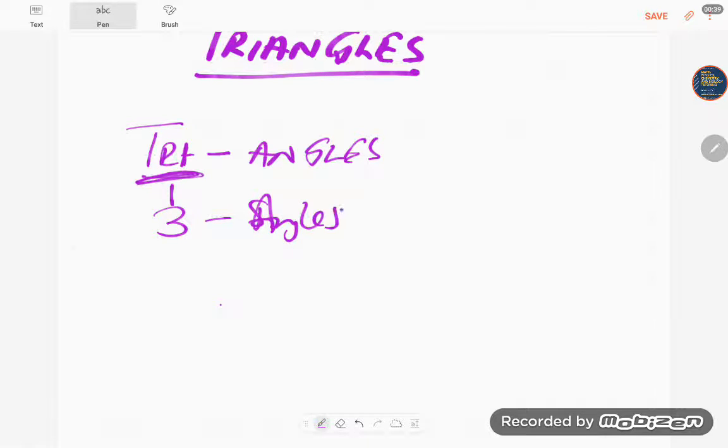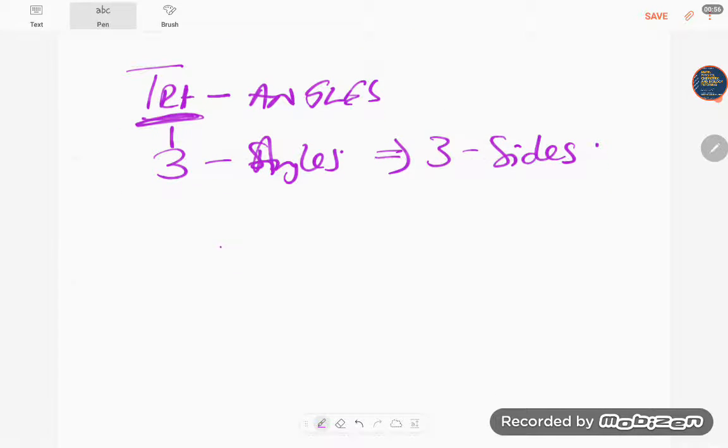By default, the number of angles equals the number of sides as well, so it also has three sides. And that's exactly what our triangles are.